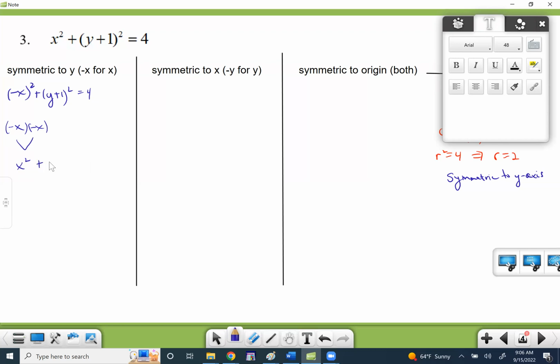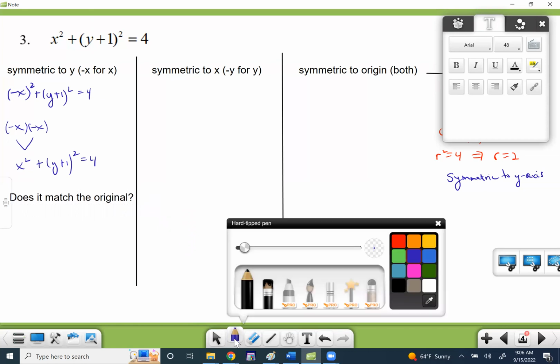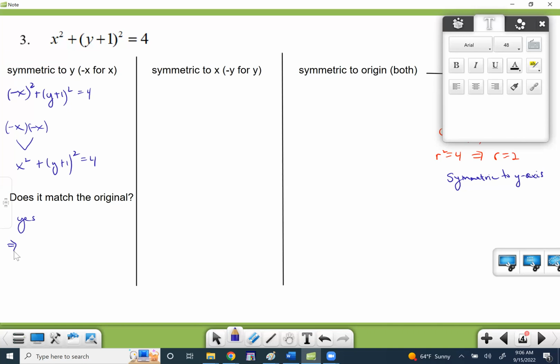So the rest of it, we'll just bring along. Okay, now we have our, does this match the original? And it turns out that indeed it does, right? So it does match the original. So that implies symmetric to the y-axis. We already knew from our picture.